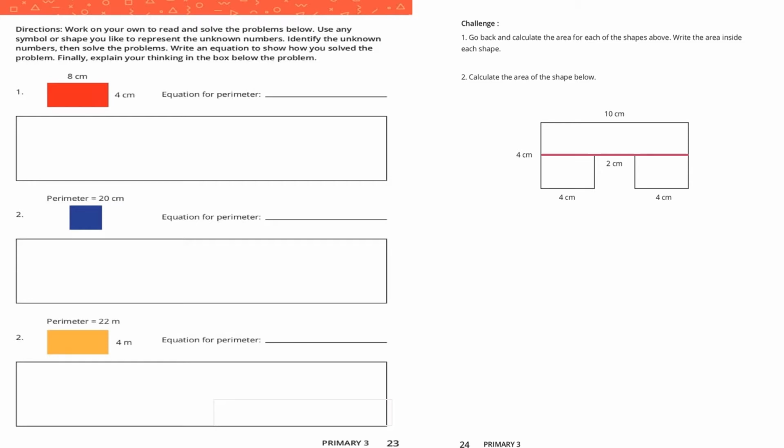Number 1, here we have a rectangle. This rectangle has length 8 and width 4 centimeters. I want to know the perimeter. The perimeter of a rectangle equals (length plus width) times 2. So I know the length is 8 and the width is 4, times 2.